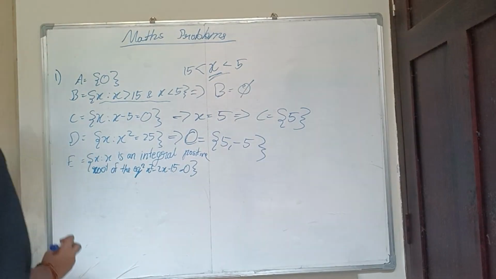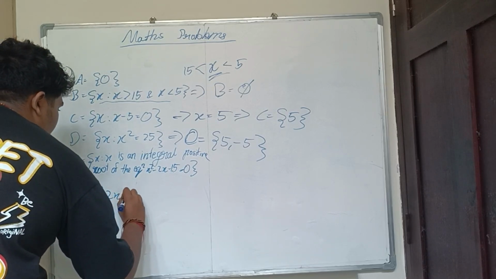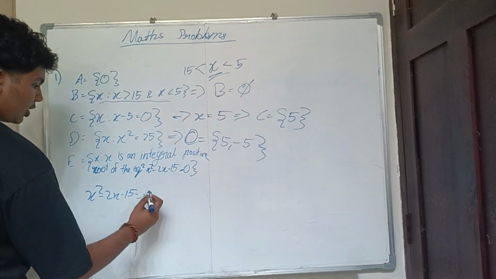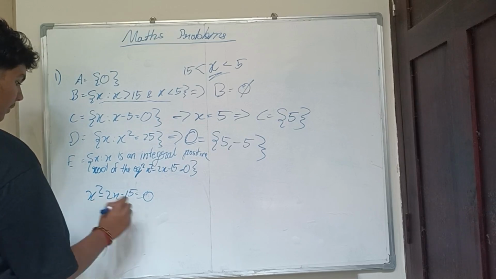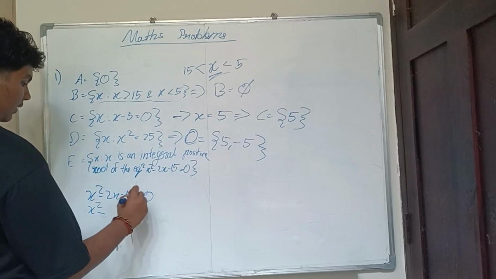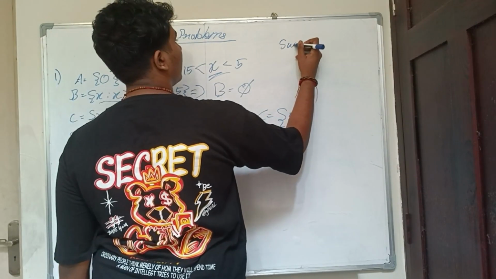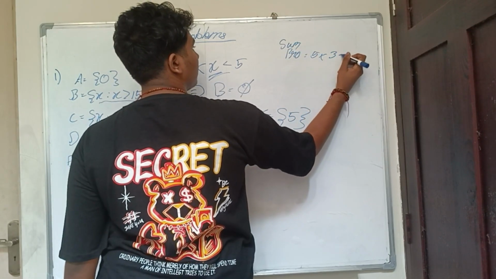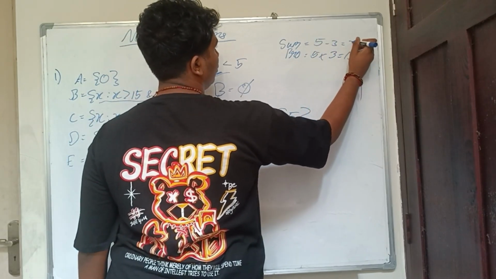So x square minus 2x minus 15 is equal to 0. This is a quadratic equation, right? Now you have to find the roots. How do you do it? Using sum and product, right? 15 will be 5 into 3, right? 5 into 3 is 15, and here 5 minus 3 is 2, right?